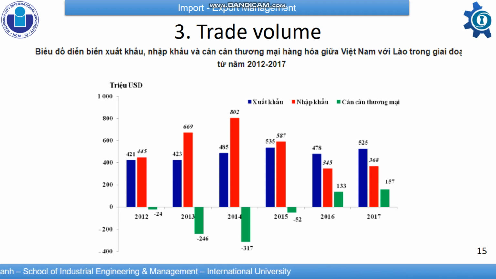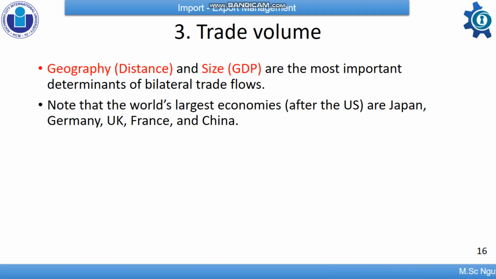The amount of products two countries trade with each other, we call it trade volume. So what kind of factors affect the trade volume between two countries? They are geography, distance, and size.